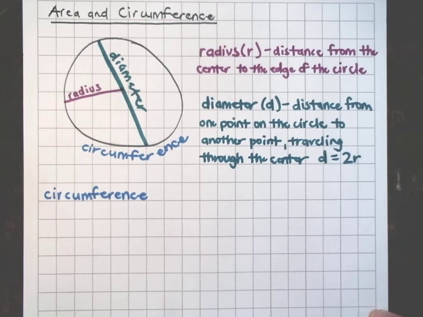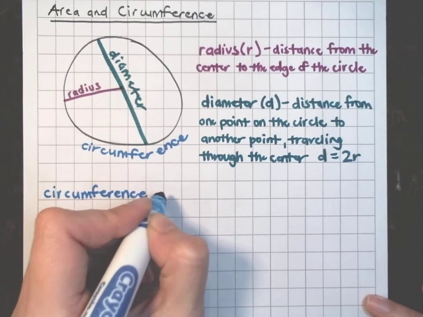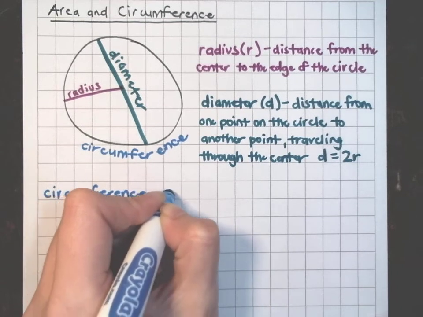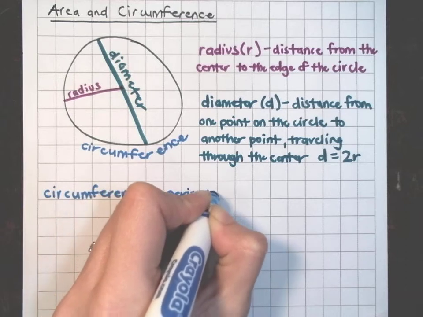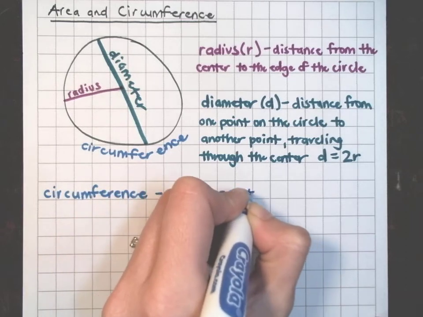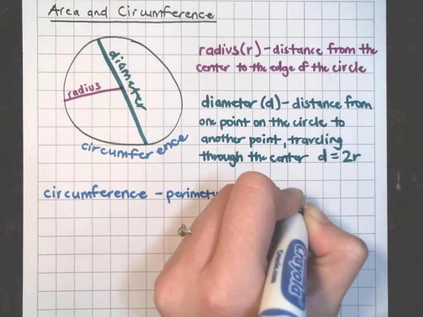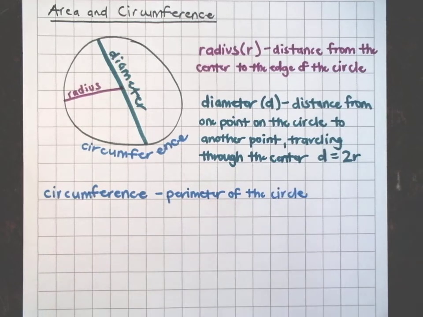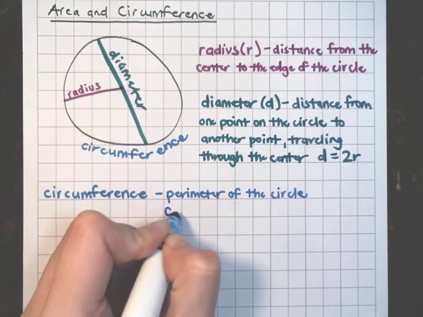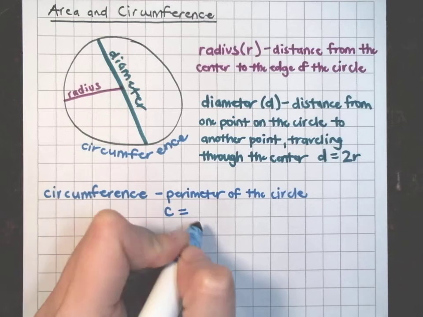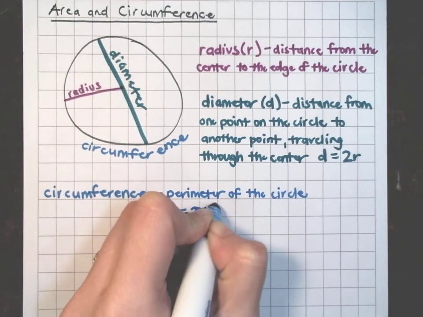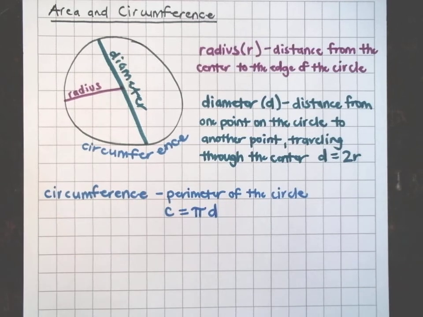And then the circumference is the perimeter of the circle. And so the formula is circumference equals pi times the diameter.